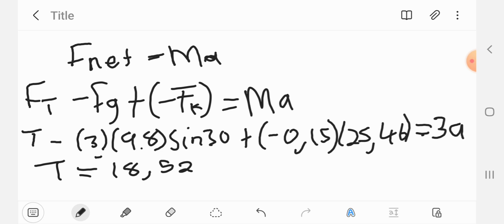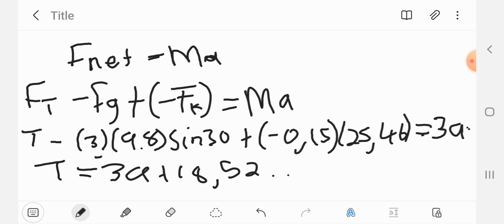All right, so we'll just take it to this side. So we'll have 3a plus 18,52, because it's going to be negative, so we make it positive. So that will be equation 1.